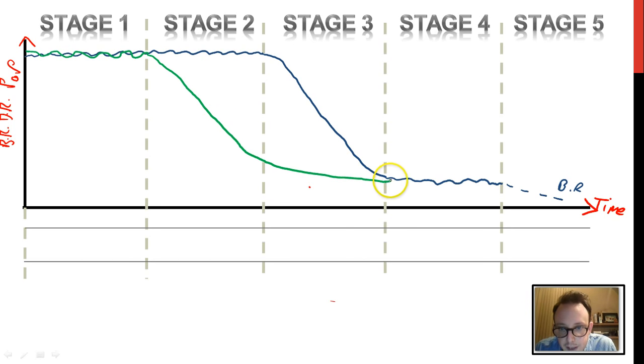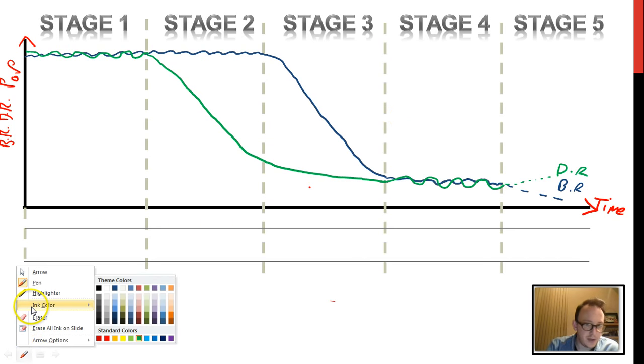And in stage 4, they are low and fluctuating. By stage 5, they start to rise a little bit. I'll explain all the changes in a second or two. So the green one, DR for death rate.